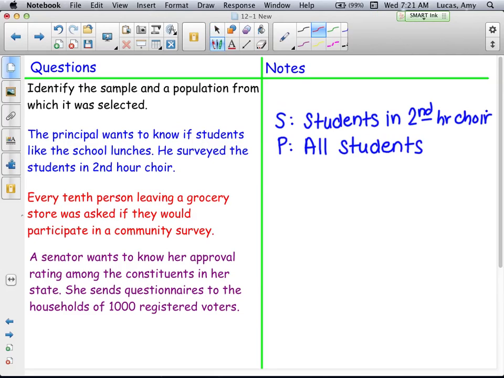The next one. Every 10th person leaving a grocery store was asked if they would participate in a community survey. So our sample this time is every 10th person leaving the grocery store, because those are the ones that were asked.